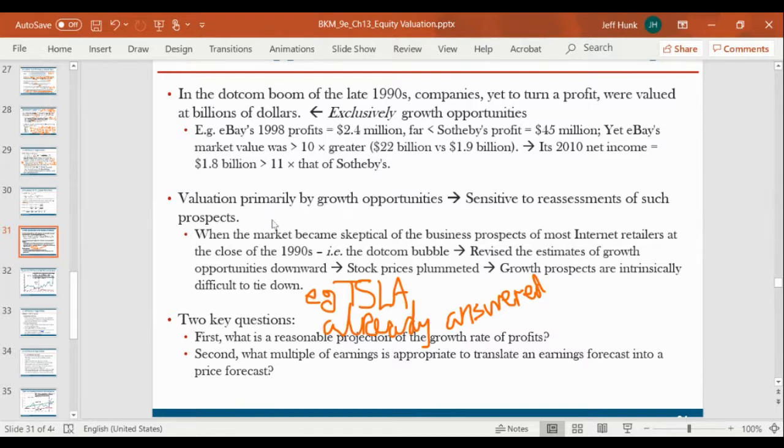Now, eBay's valuation is primarily by growth opportunities. It's very sensitive to reassessment of such prospects. Yes, I've been telling you over and over, growth potential or growth opportunities are nothing but a bubble if things don't materialize.